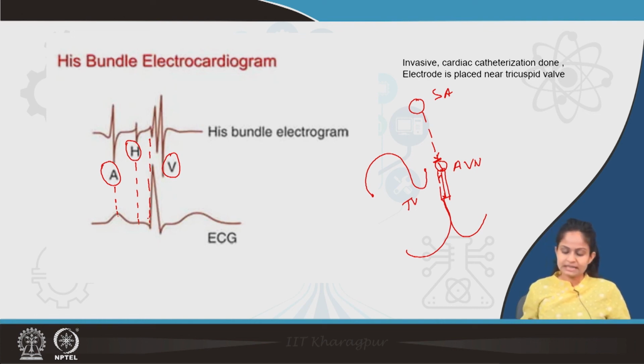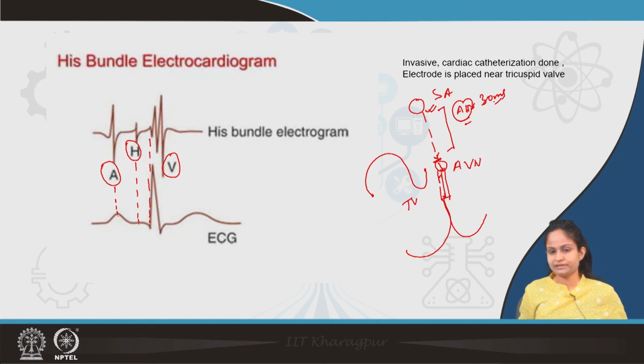So, the conduction from SA node to AV node is around 30 milliseconds.